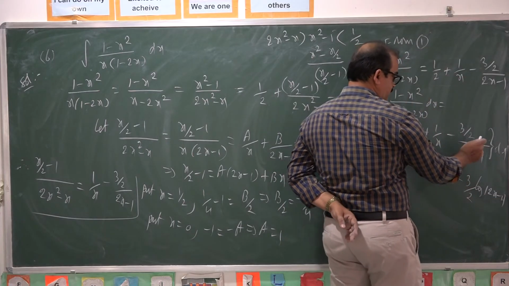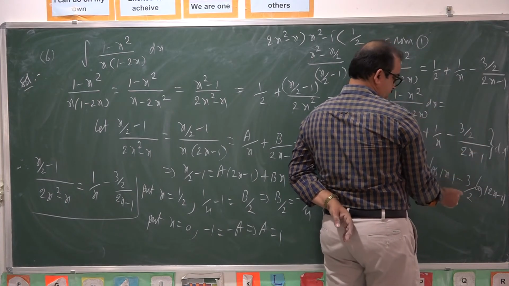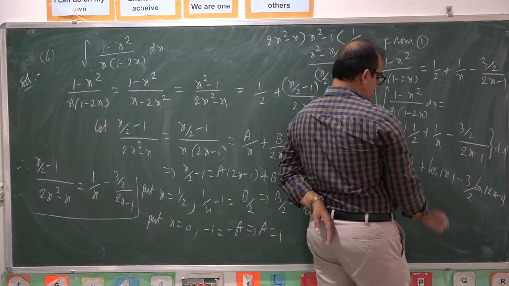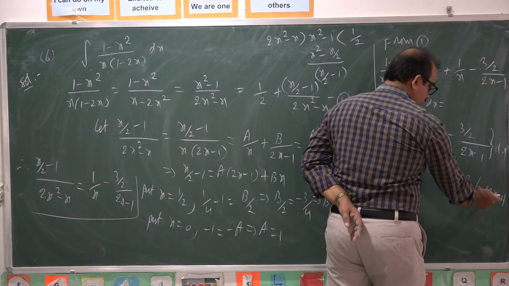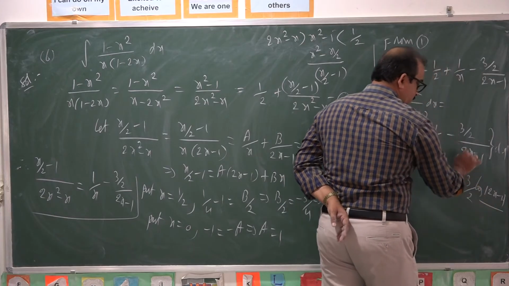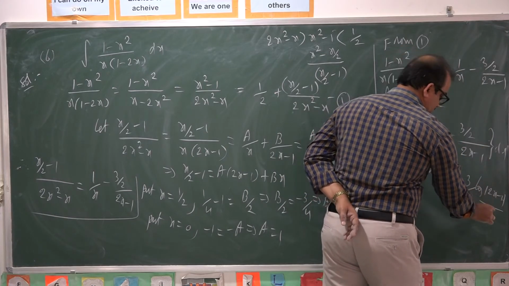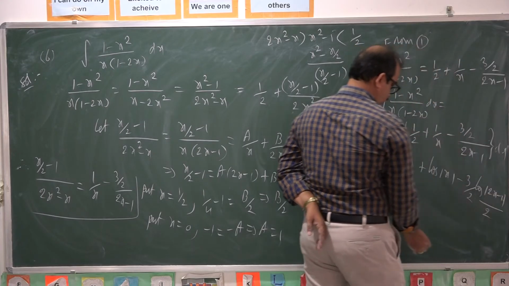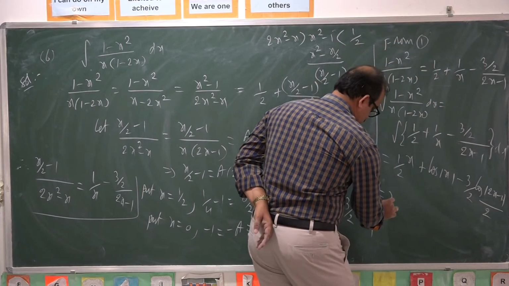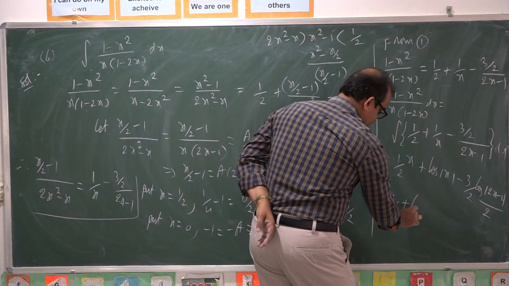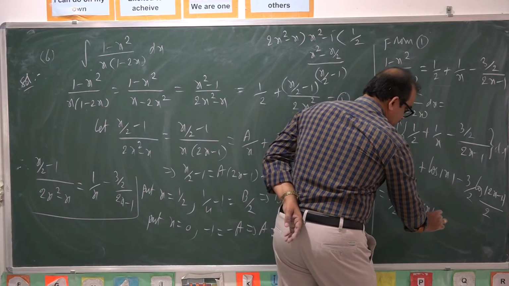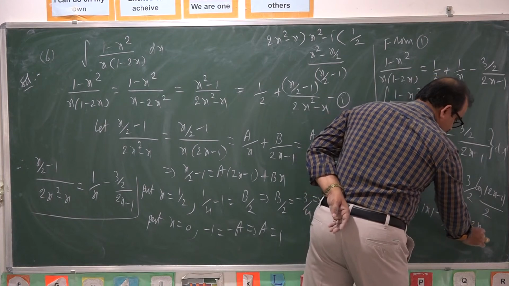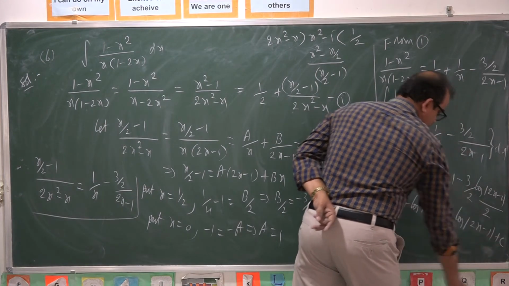It is in the form of integral 1 by x, but in place of x we have 2x minus 1. So integration is log mod 2x minus 1 by derivative of this 2x minus 1, that is 2. 2 into 2, 4. So x by 2 plus log mod x minus 3 by 4 into log mod 2x minus 1 plus c.